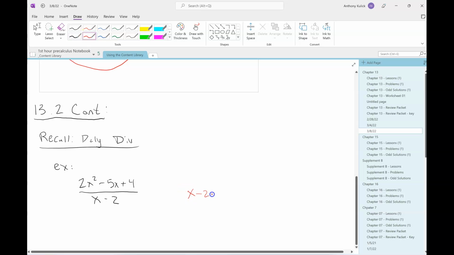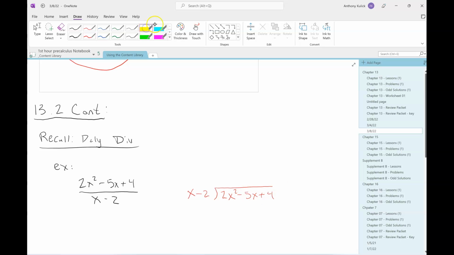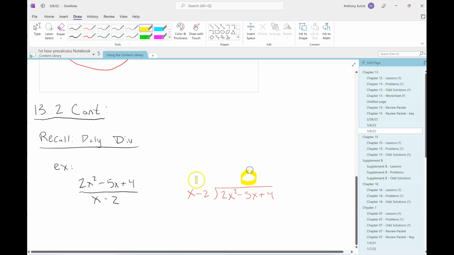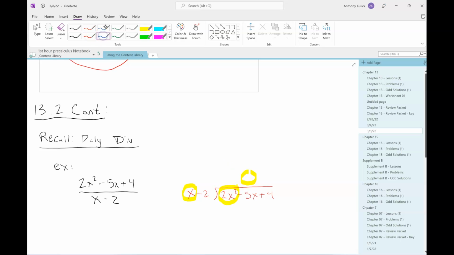So we take the divisor, that's the bottom of our fraction, put that on the outside of the division thingy. And we take the numerator, or dividend, that's the top of the fraction. We write that underneath the division thingy. And we ask ourselves, what times the leading coefficient of the divisor gives us the leading coefficient of the dividend.